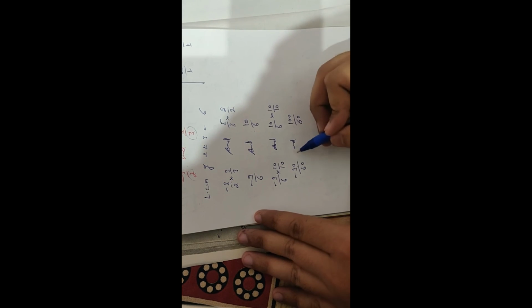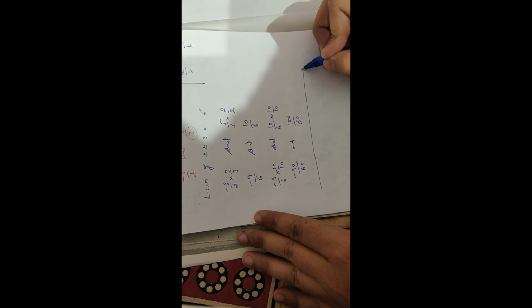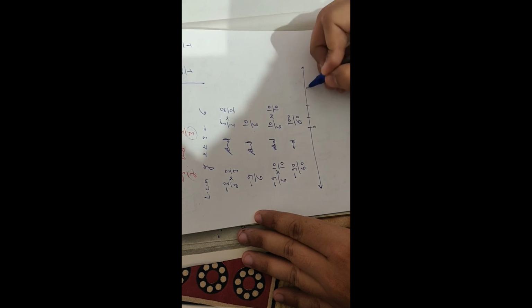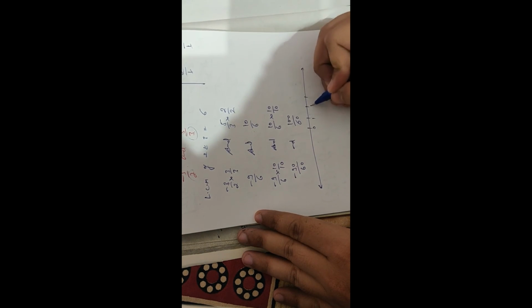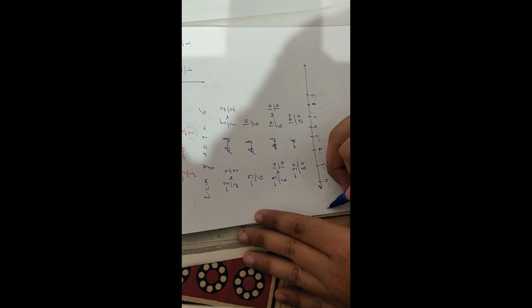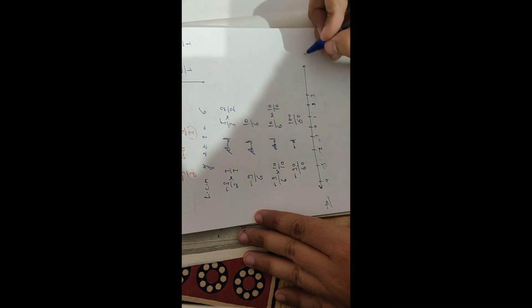This is minus 90. If I take you to the number line, it was 0, 1, 2, 3, and this is minus 1, minus 2, minus 3, minus 4. Minus 90 will be somewhere till this end and 100 will be till this end.